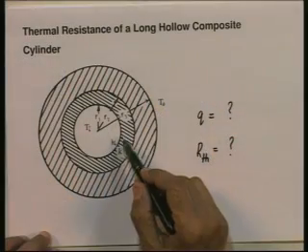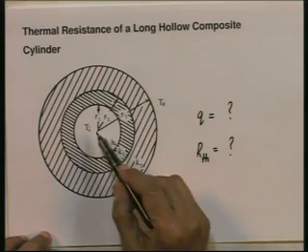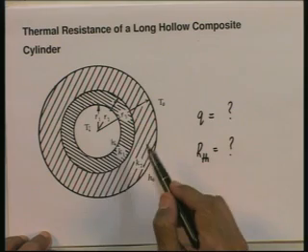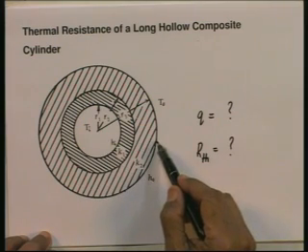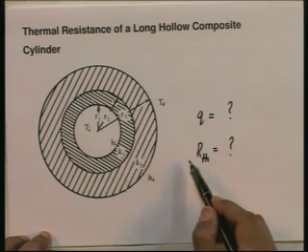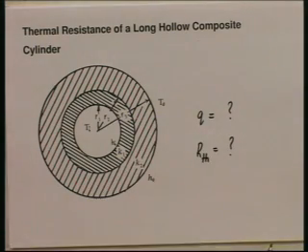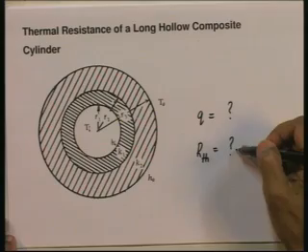That means, I will take each one of them one by one and say, let the intermediate temperatures be T W 1, T W 2, then I will say T I minus T W 1 is equal to something, T W 1 minus T W 2 is something, T W 2 minus T W 3 is equal to something, and then finally, T W 3 minus T O is equal to something. Add them all up, get rid of the intermediate temperatures, and I will get an expression for Q and for R T H. All right.